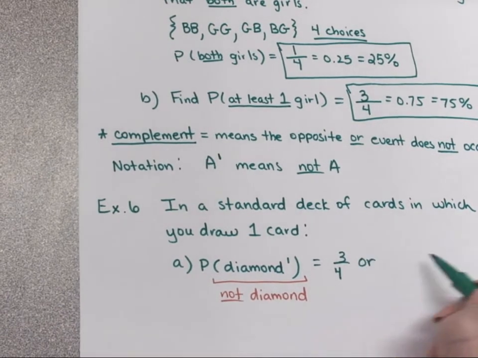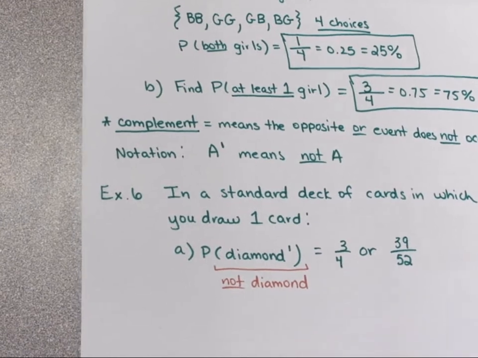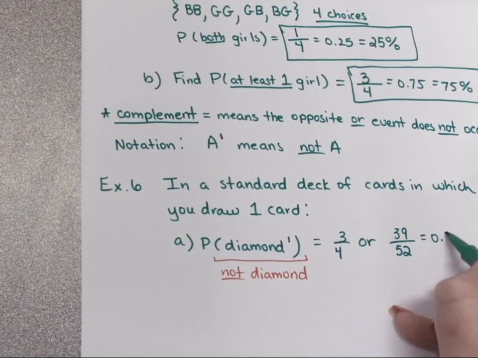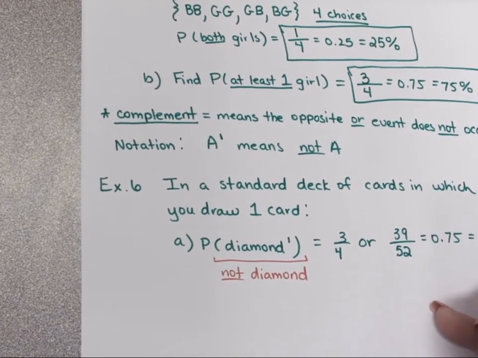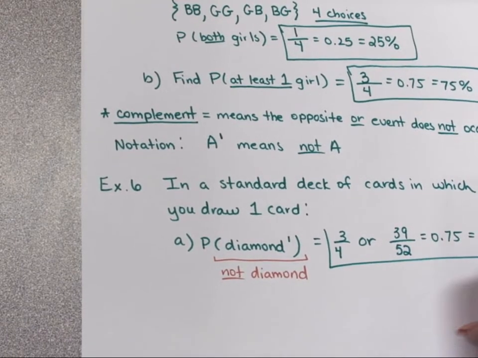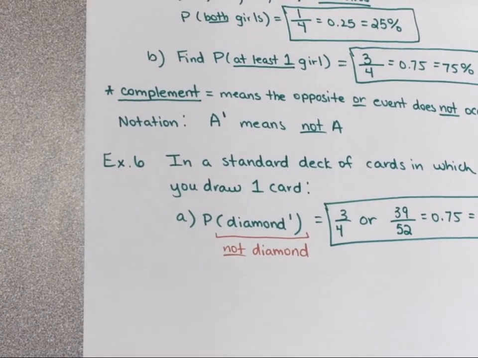Or if you wanted to go with total number of cards, you would say 39 out of 52, because each suit has 13 cards. 3 times 13 is 39. Notice that these both, though, reduce to 75%. So I'm going to circle all of these, because any of these are equivalent.